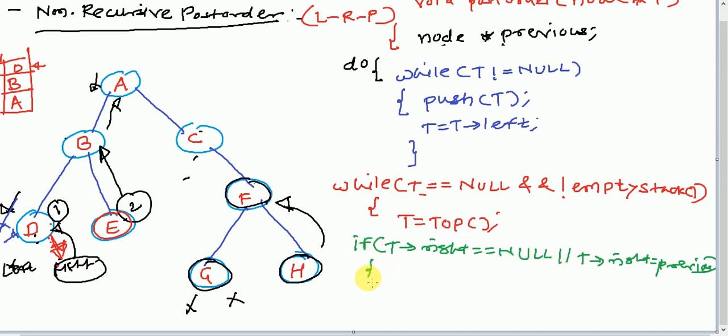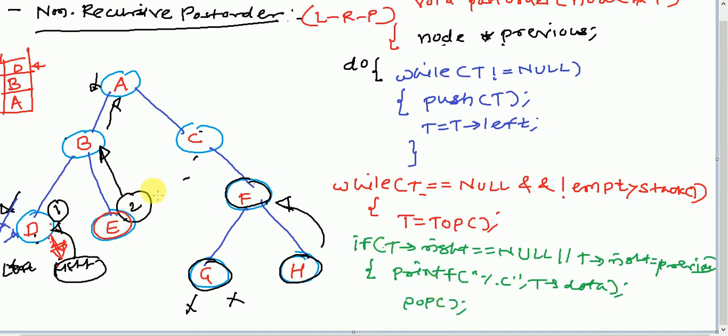Okay. Now currently both are null, so we are entering the if. What we'll do here, we'll print the node: printf, say %c, T of data. So now I have printed D. Okay. Now I'll pop it from the stack.